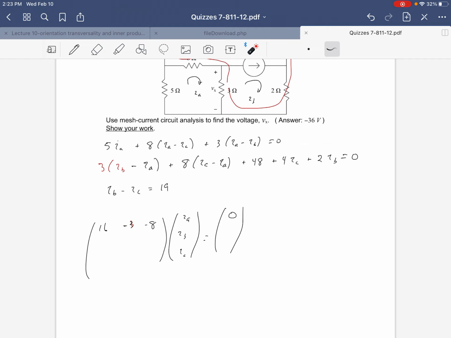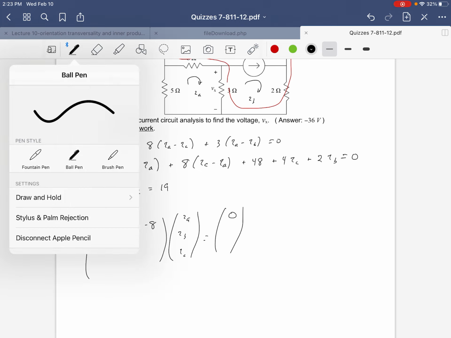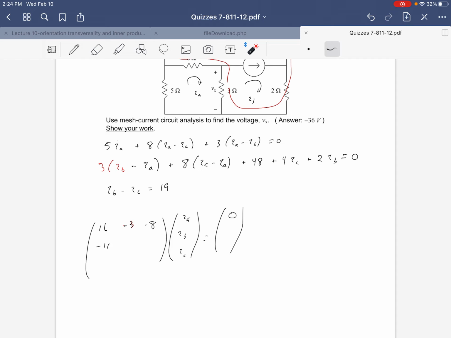Okay, for the second one, we need everything that multiplies IA. So we're going to have minus 3, minus 8 is minus 11. Then everything times IB. So we're going to have 3 plus 2 is 5.